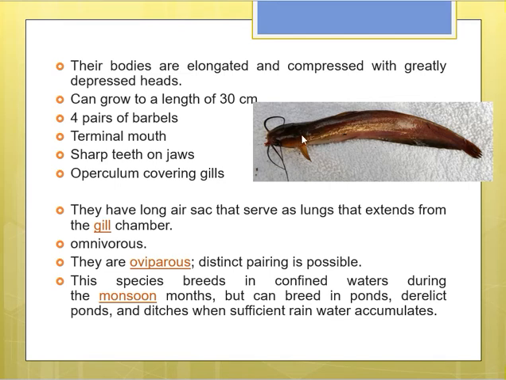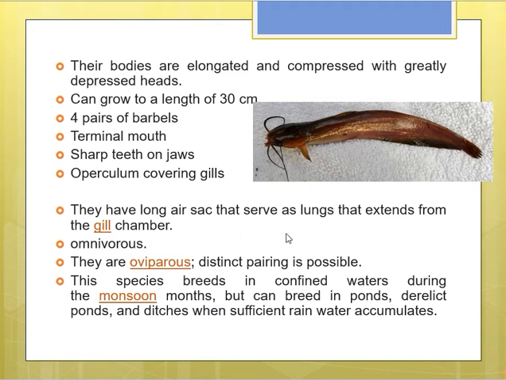Since it is a bony fish, the gills are covered by a gill cover or operculum, which is absent in cartilaginous fishes. Then they have long air sacs. They are gill breathing, and they also have accessory respiratory organs called air sacs, which serve as lungs that extend from the gill chamber.